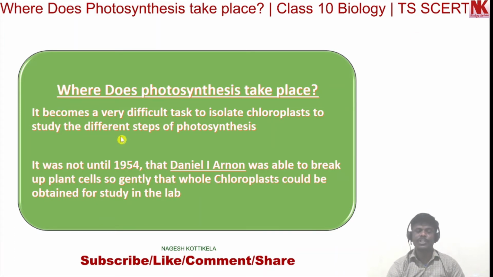It was not until 1954 that Daniel I. Arnon was able to break up plant cells so gently that whole chloroplasts could be obtained for study in the lab. So it was Daniel I. Arnon who was able to isolate chloroplasts from the plant cells to study them in the lab.